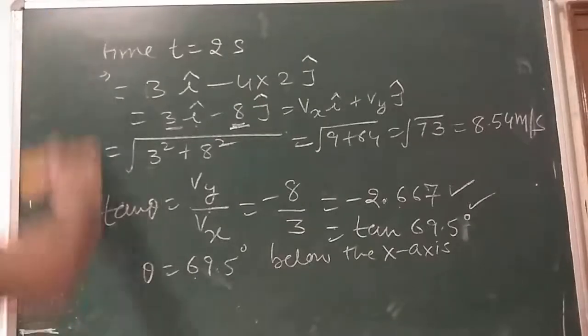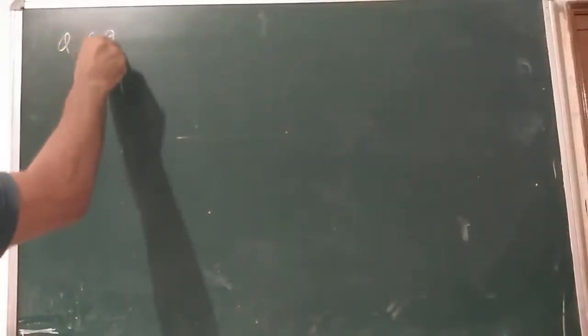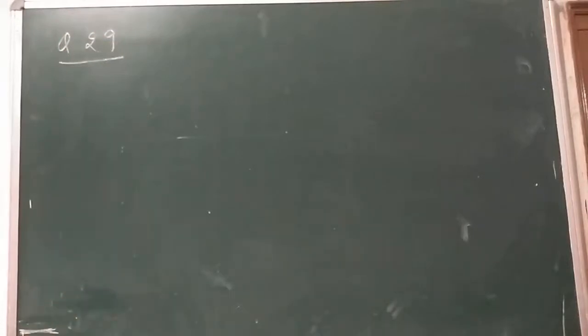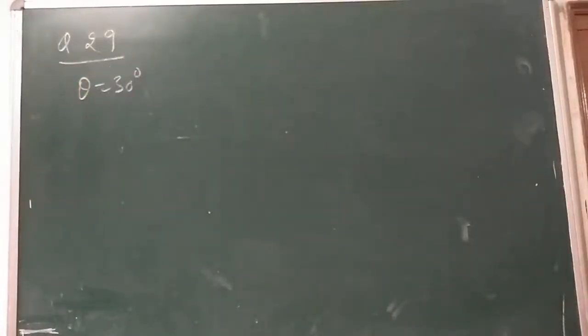Now, see, one more question or two questions we are going to see. That is question number 29 of this chapter. A bullet fired at an angle of 30 degree with the horizontal hits the ground 3 km away.